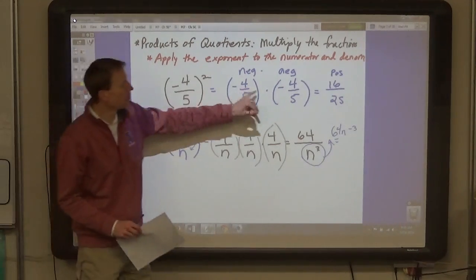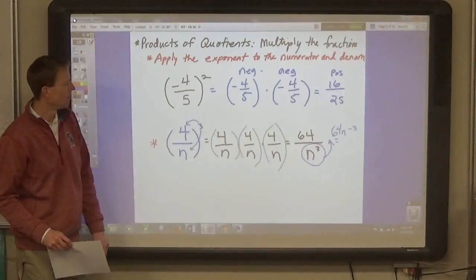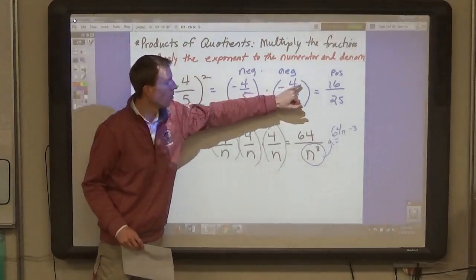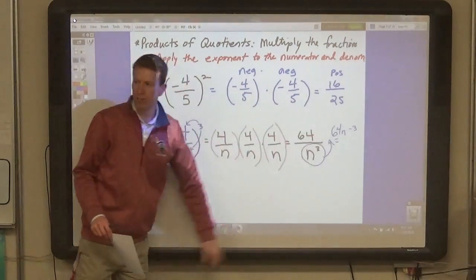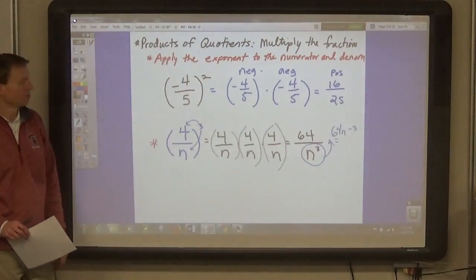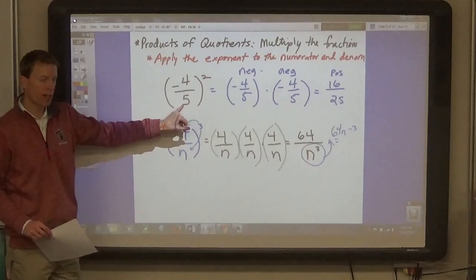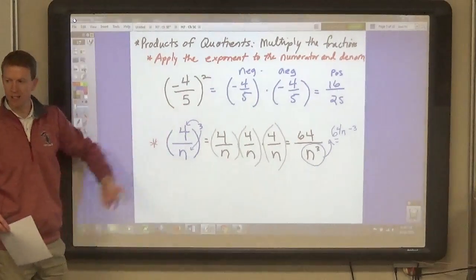Since it's a negative times a negative, the answer is a positive. And then you multiply. 4 times 4 is 16, and 5 times 5 is 25. So this exponent goes to both the numerator and the denominator. Does that make sense?